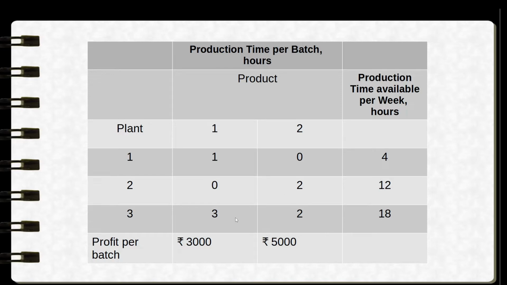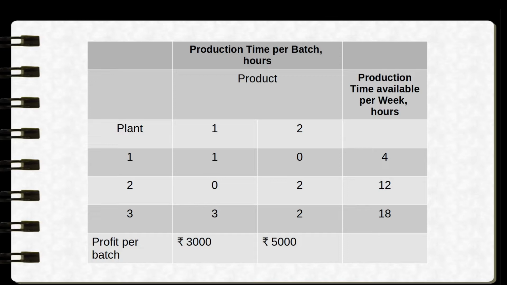Now, whatever aluminum frames and wooden frames come into the plant, the maximum we can utilize in terms of hours is going to be 3x1 plus 2x2, which will be less than or equal to 18. 3x1 is the hours required to produce the total batches of aluminum frame windows, and 2x2 is the hours required to produce the total batches of wooden frame windows.